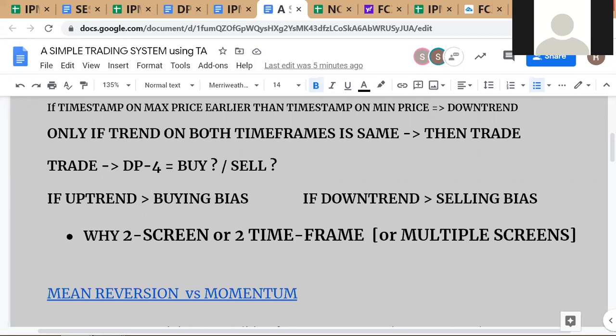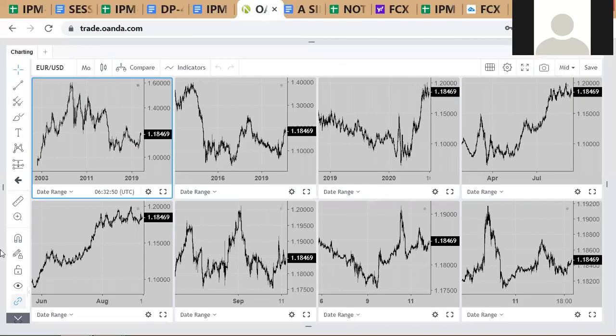Now, what do I mean by multiple screens? This is what I mean. If I show you Wanda, let's say we are looking at the euro, which is a very big pattern size, and zooming in all the way, you can't even see anything here.